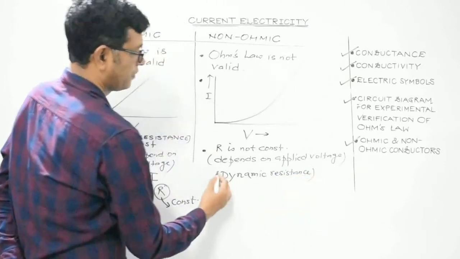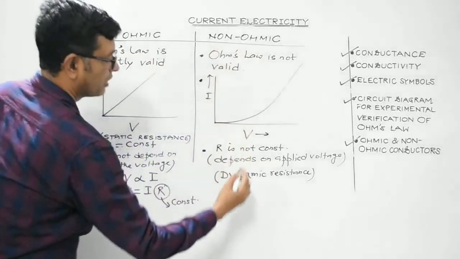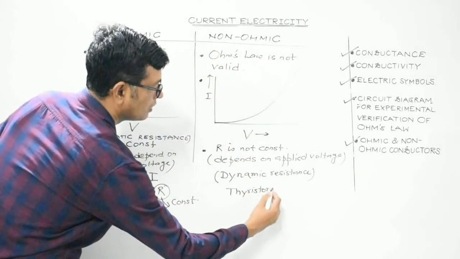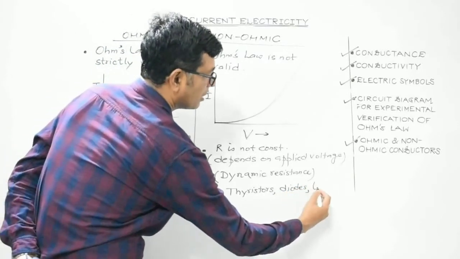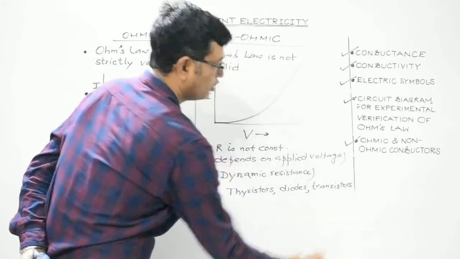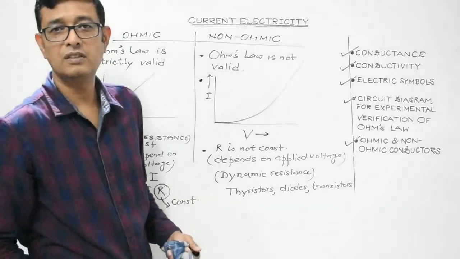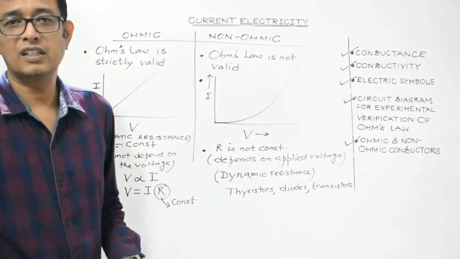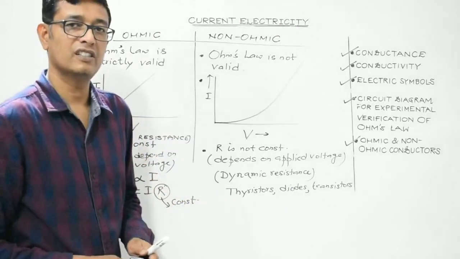Right? And as I have given, some examples of non-ohmic conductors are thyristors, diodes and transistors. These are semiconductor devices which are non-ohmic conductors. And examples of ohmic conductors are copper, aluminium, silver. These are the normal conductors which we use in wiring, and they are ohmic conductors.